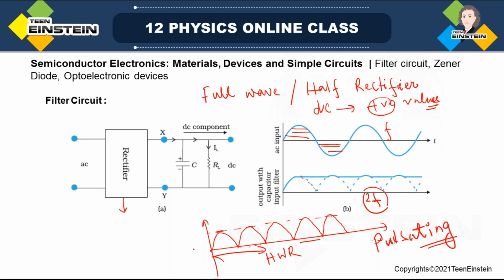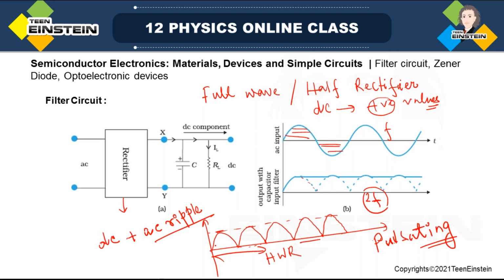Therefore, you can understand that this kind of variation has some DC voltage plus some AC ripples, the AC part. That is called ripples. Ripple means it always changes its direction or value.